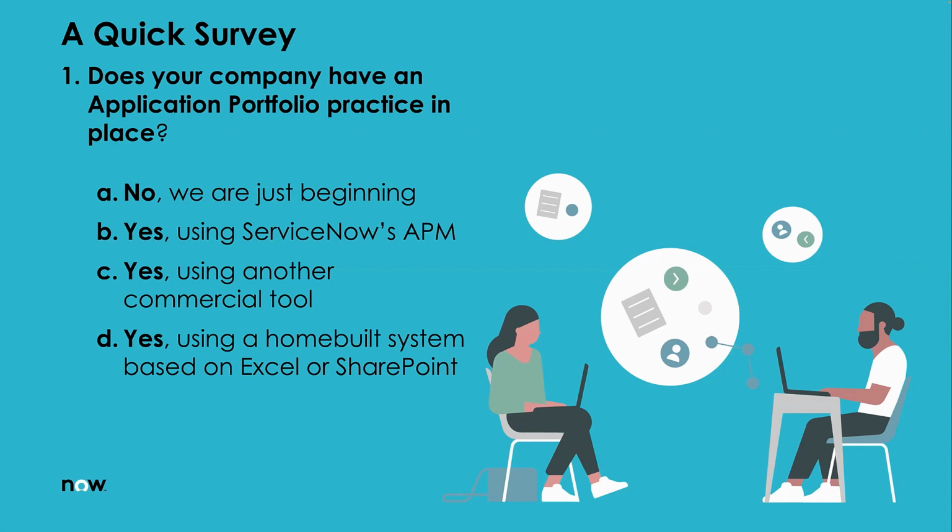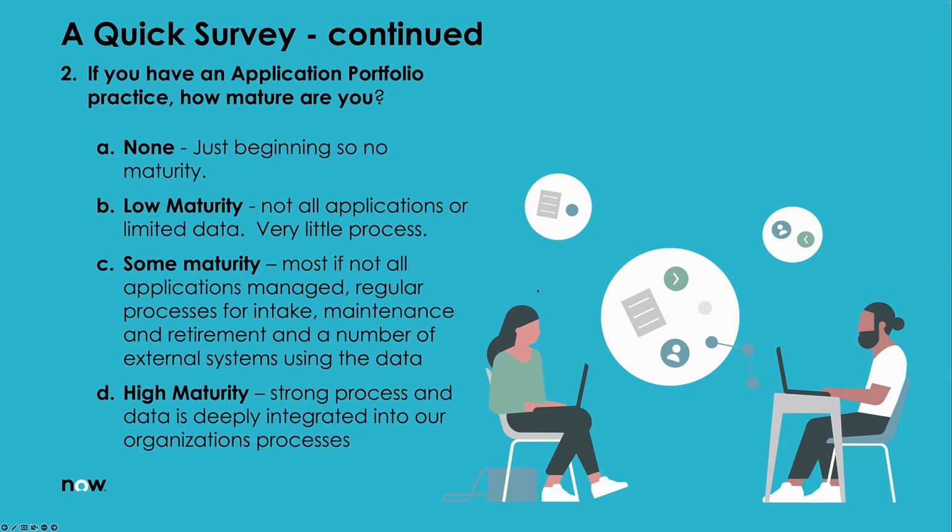Okay, another 15 seconds or so, and we'll move on. Okay, and then our next question is, if you do have a practice, where are you on the maturity scale?